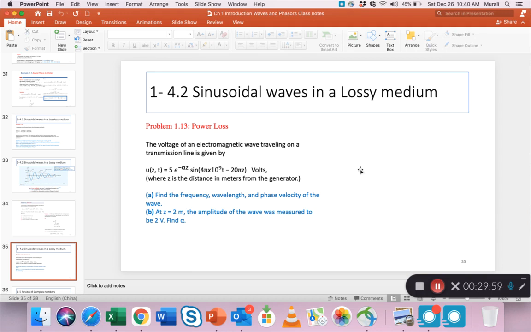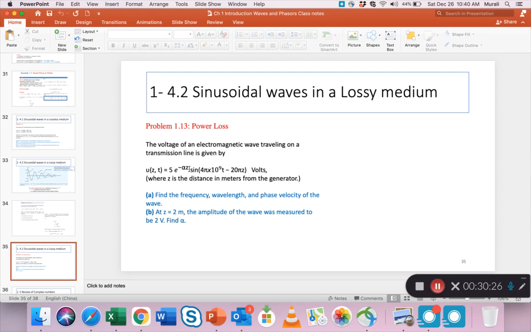So what's on slide 35? What is this problem? Problem 113 from the back of the chapter. So the voltage of an electromagnetic wave traveling on a transmission line, so this is some kind of line, maybe a copper line, is given by this value, where Z is the distance in meters from the generator.